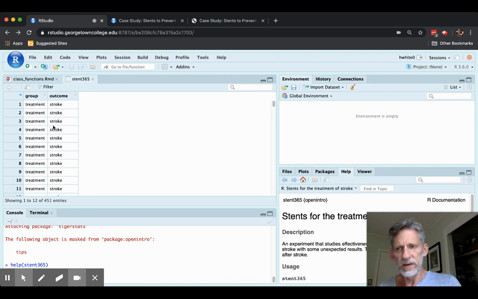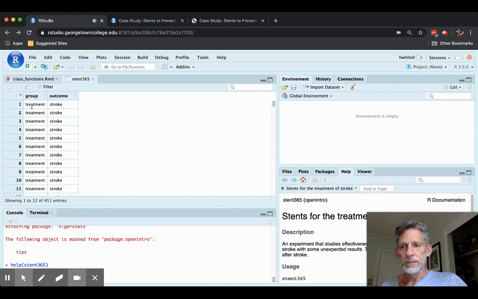So kind of like an Excel file would show you a view of the data set. And sure enough, there's the two variables, group and outcome. And when they said group was a factor, they're meaning that it's a kind of variable that's not numbers, it just gives different names for groups. The treatment group and the control group.